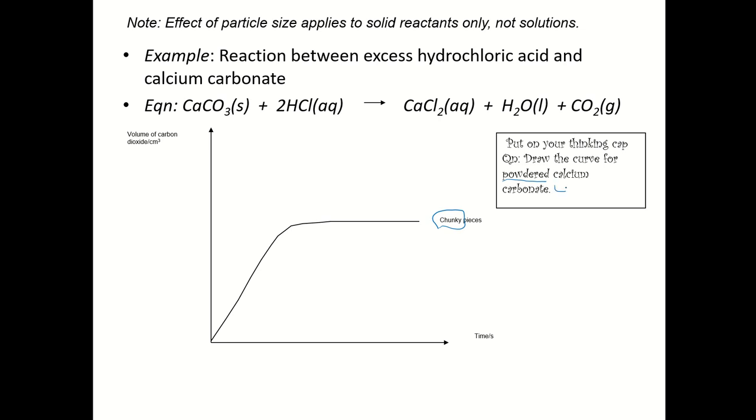So powdered means 1, you decrease particle size, means 2, you increase surface area for reaction, 3, there will be increased frequency of effective collision, and hence 4 will increase speed of reaction.